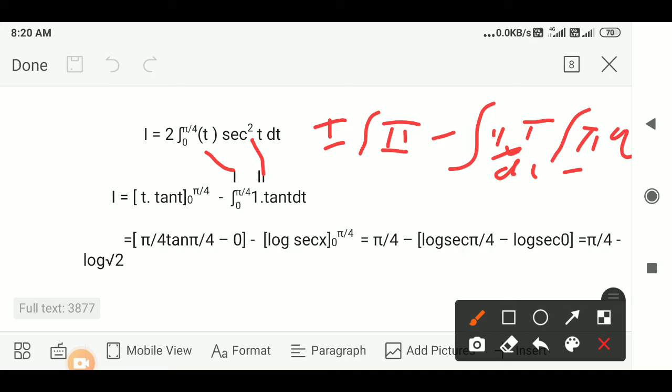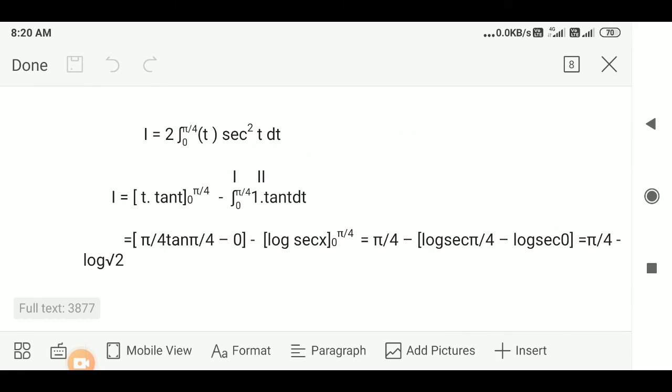And now here you have to integrate this and also integrate all these, putting the limits 0 to pi by 4 in each. We get this value: t tan t from 0 to pi by 4, minus integral 0 to pi by 4 of differentiation of t with respect to t, which is 1, into the integration of sec square t, that is tan t.